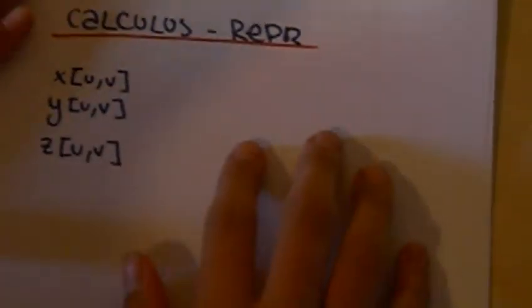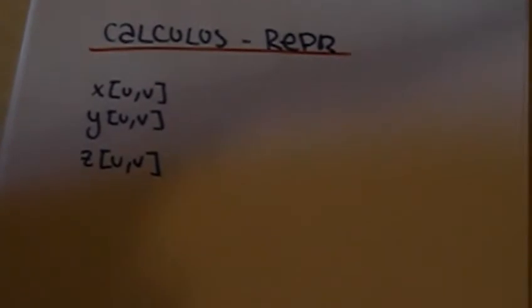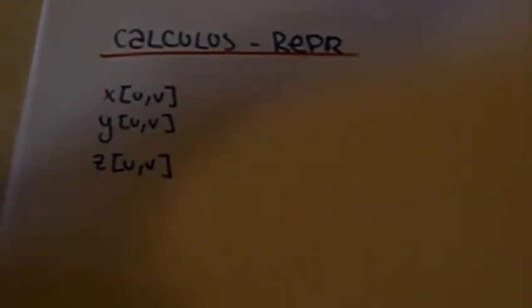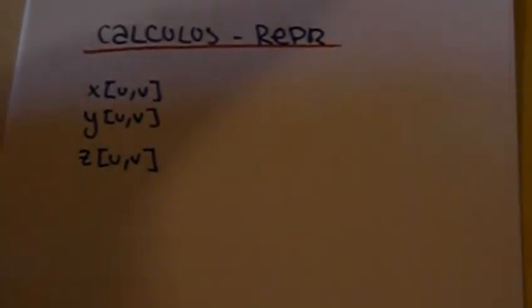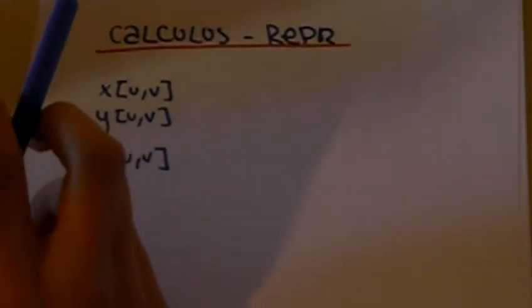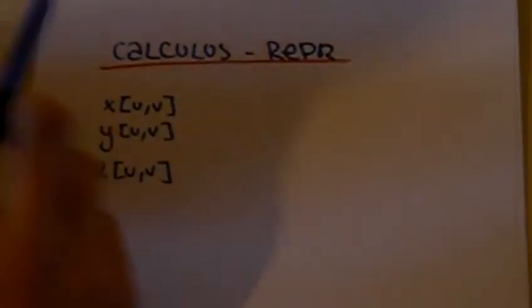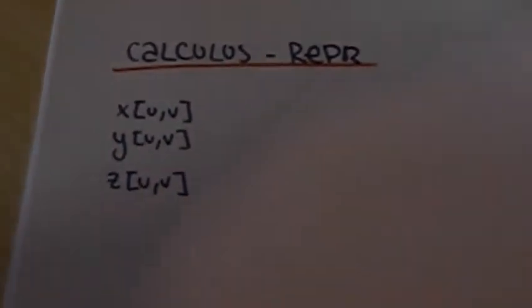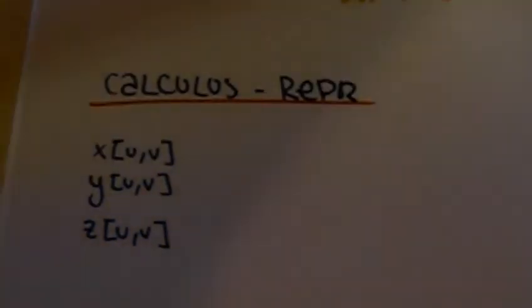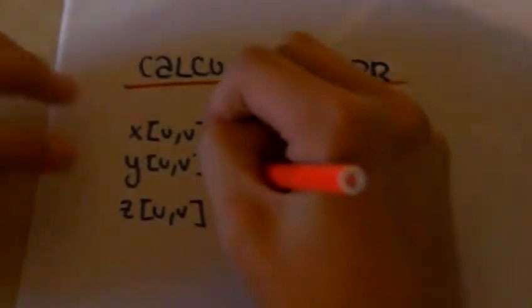U and V. For the calculus presentation, we've taken that the Möbius band is the rotation of a line segment around a circle. We have twists, of course. We have that U is the angular position around the circle of the segment, and V is the position along the horizontal line. We also have another parameter in the function, A, which is the radius of the circle about which the line is rotated.